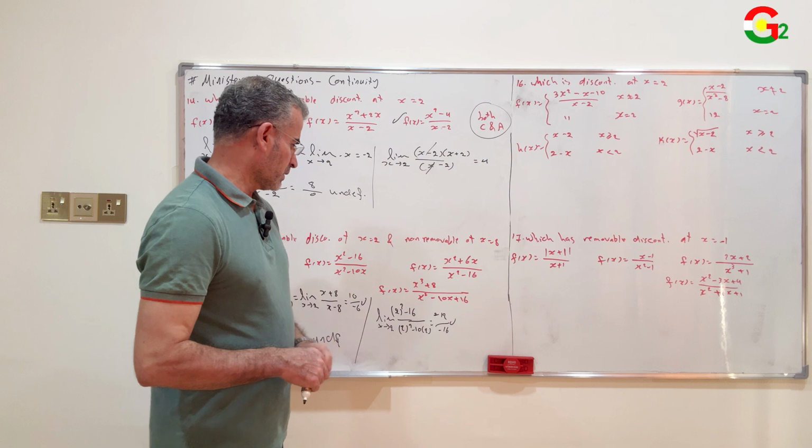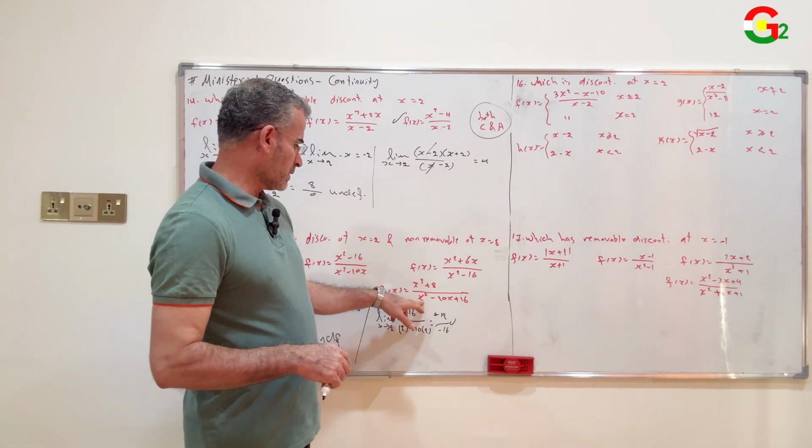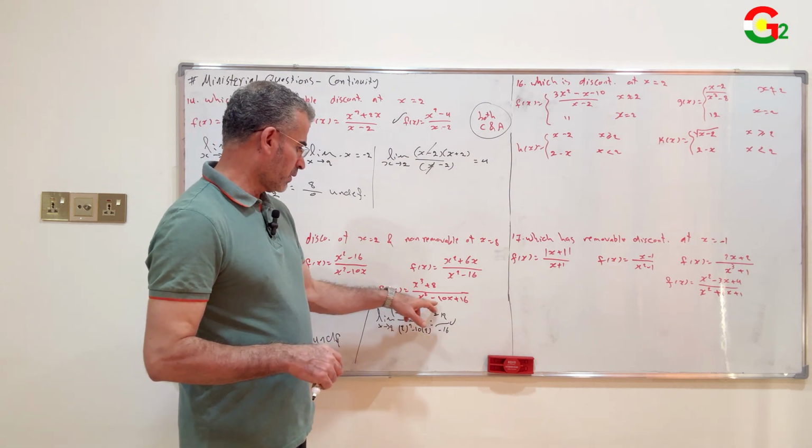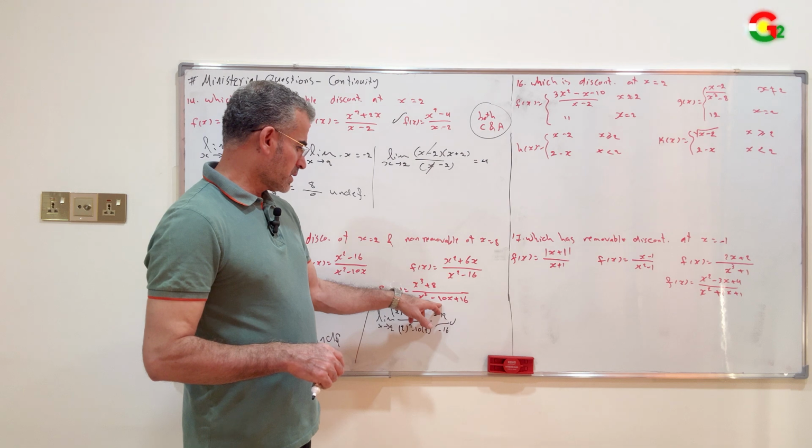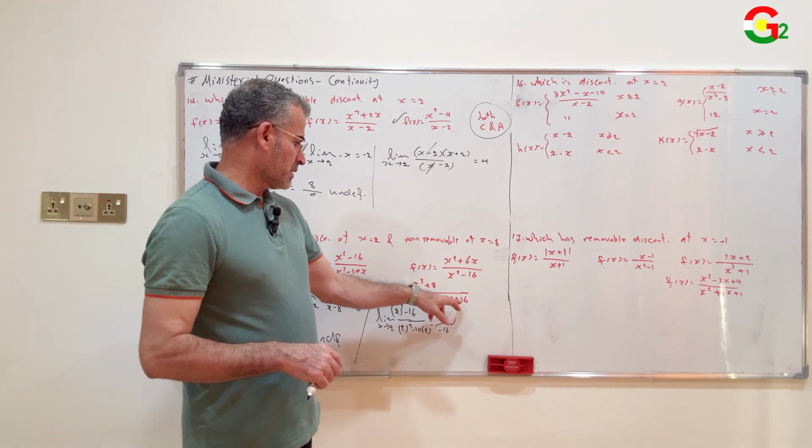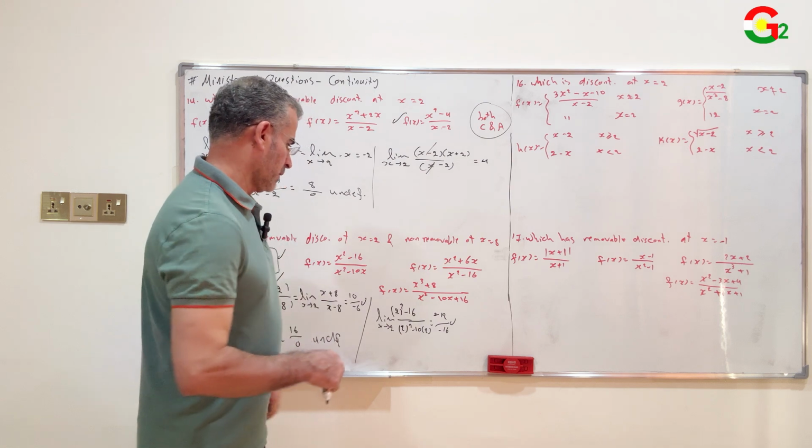For the last function, if we substitute every x with 2, 4 minus 20 minus 16 plus 16, 0.